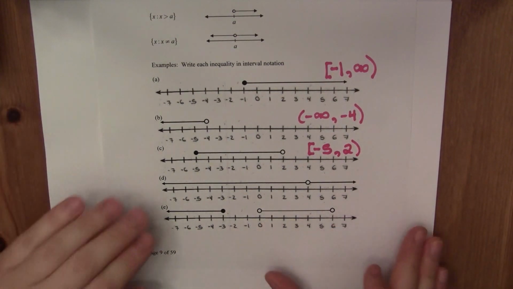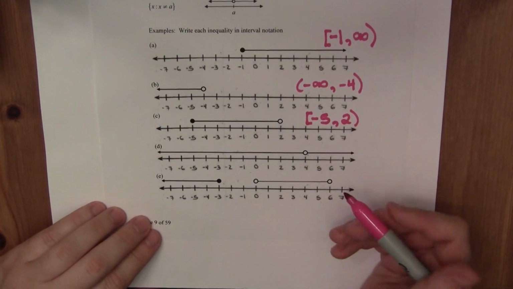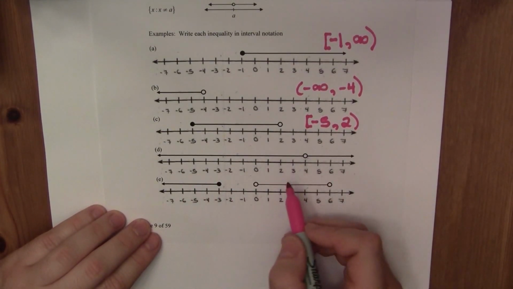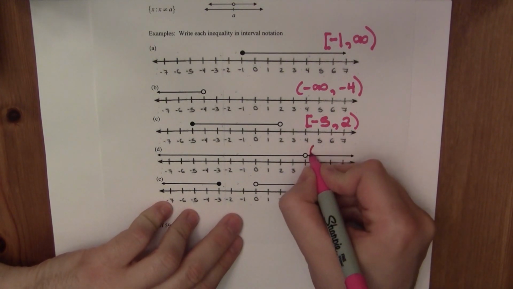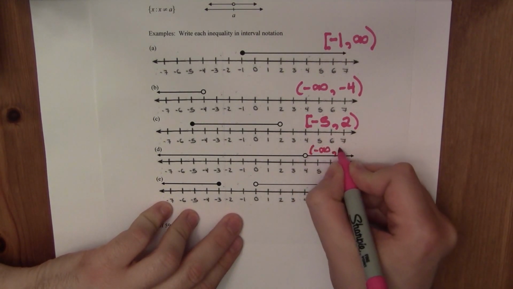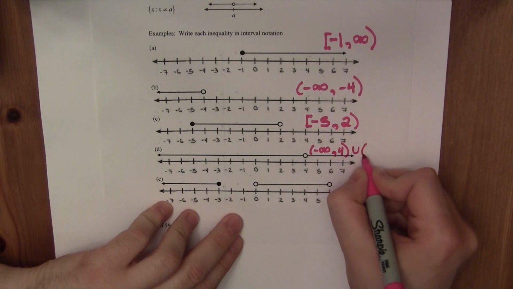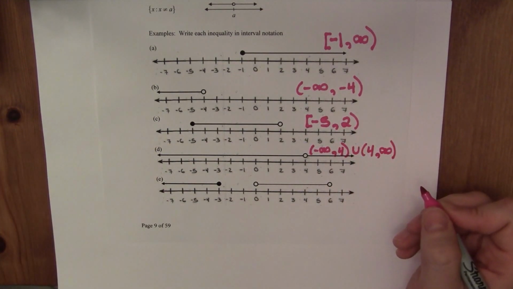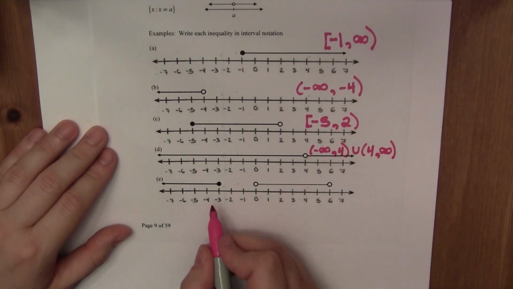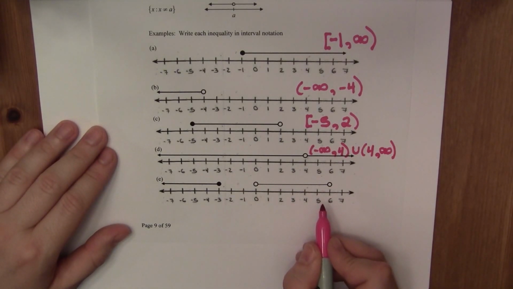Letter D, this is everything except for x equals 4. I need two different intervals with a union in the middle to describe this one. And I'm going to say in parentheses negative infinity comma 4, union 4 comma infinity. Finally, in the last one, again, I need two different intervals to describe this.